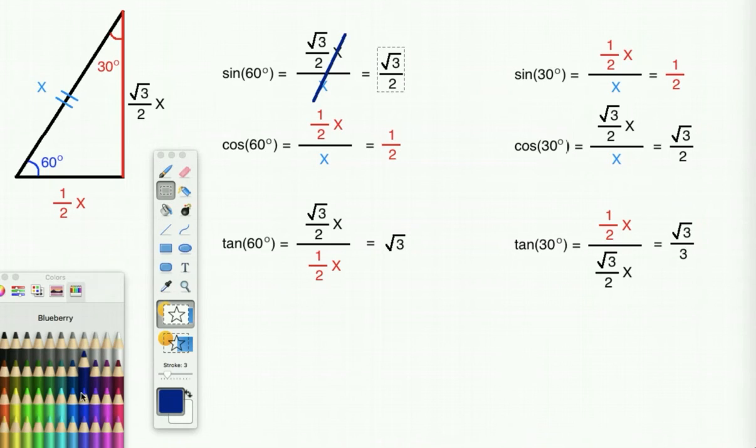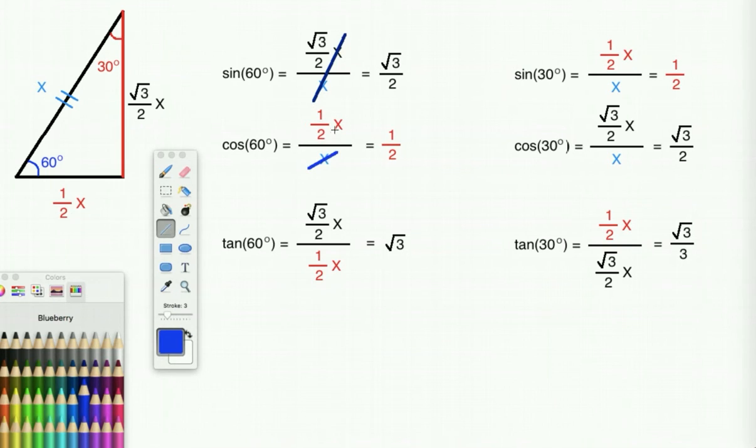All right, let's continue. So here we have 1/2 x divided by x. So once again, the x and the x will either cancel out, or if you want to think of it as they just become a 1.